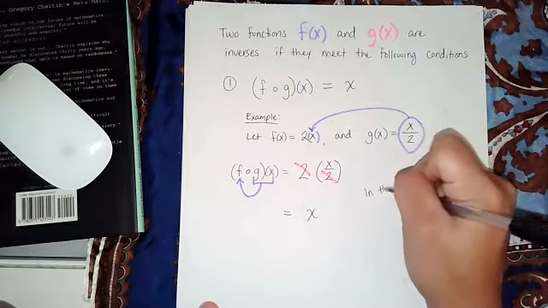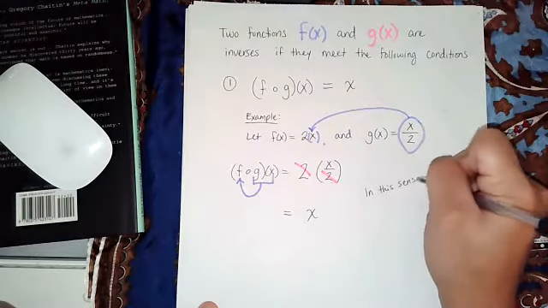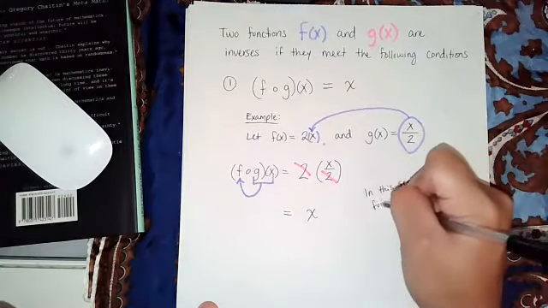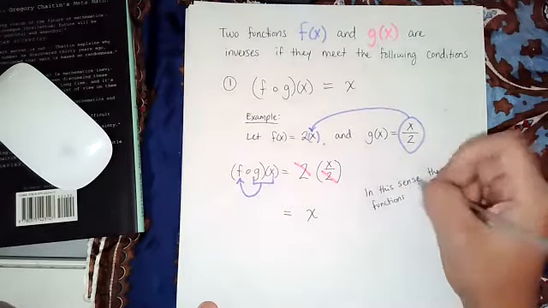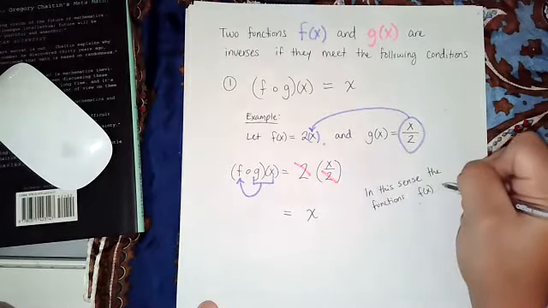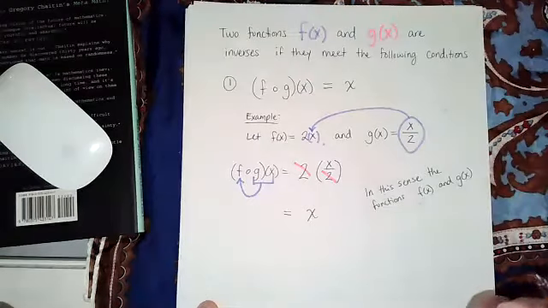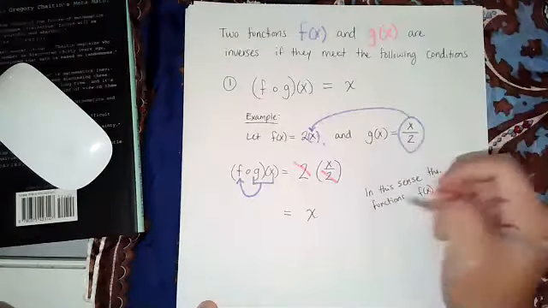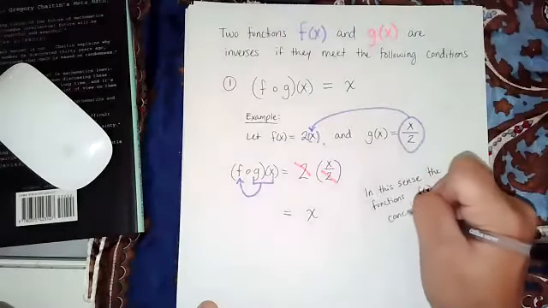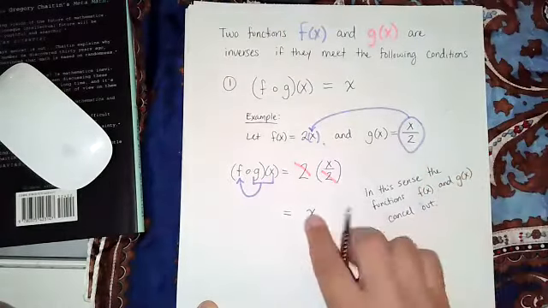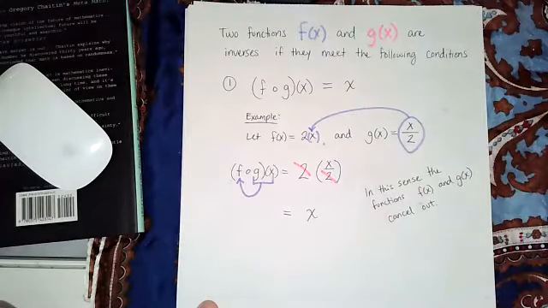So in this sense, the functions f of x and g of x, when they're both applied to some input, they cancel out. And you're just left with whatever that input was.